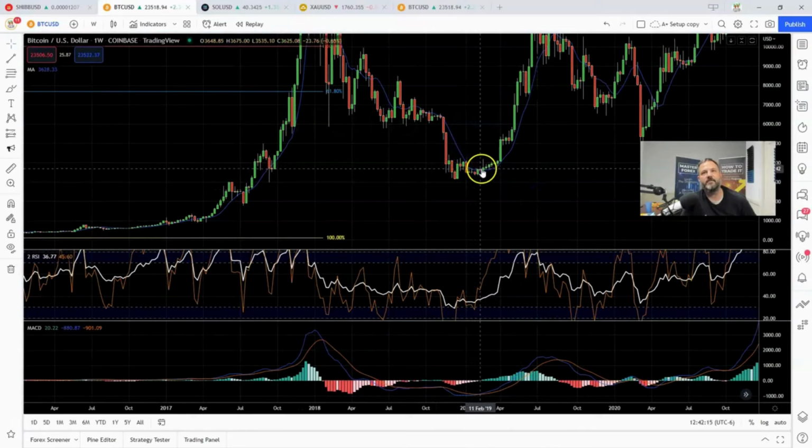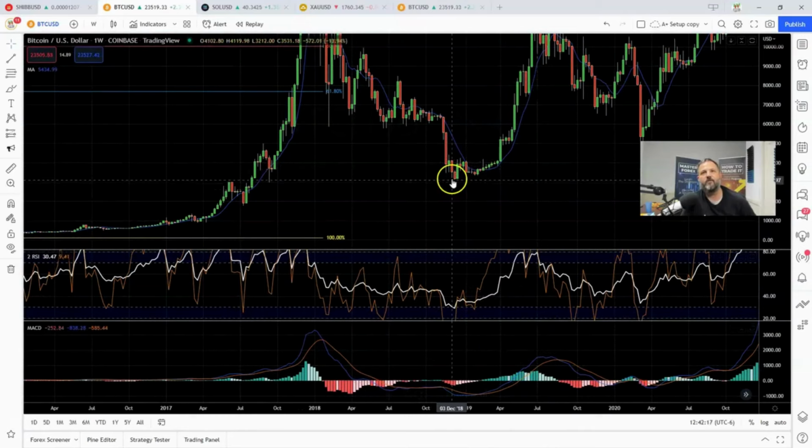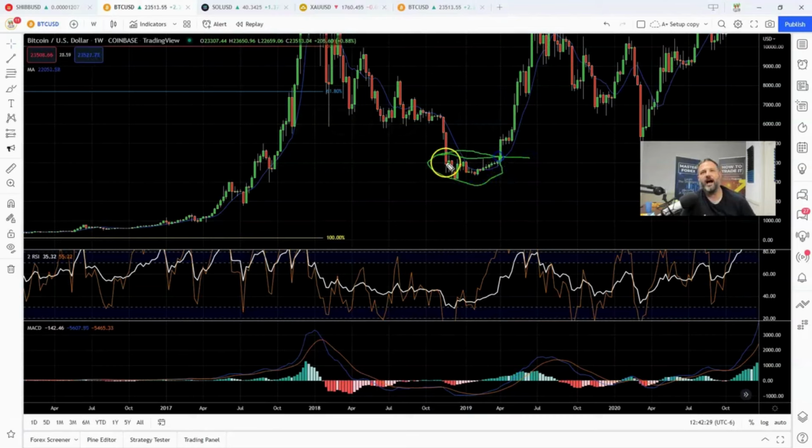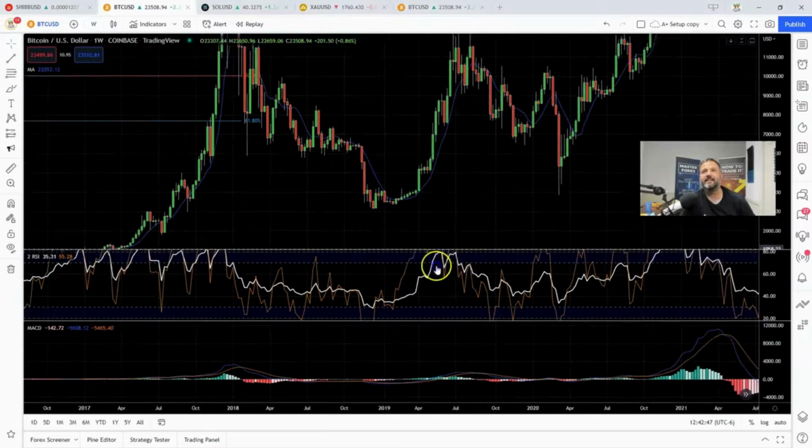We crossed above the 10 period, our MACD went over, but we still went sideways for a long time, and we didn't really get that big up move until we broke that level. If you're trading on weekly charts, you had like four to six months just to watch these charts and prepare. You didn't have to worry about missing anything. There was plenty of time to get into that trade. That's the power of a weekly chart: it gives you time.